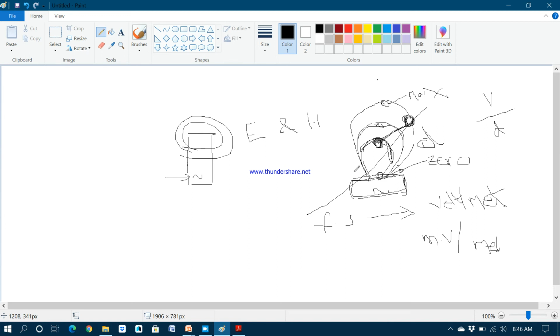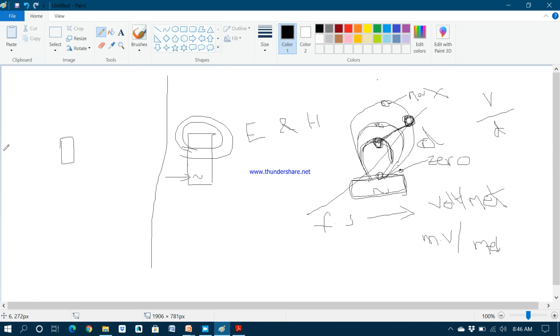In general, with reference to this antenna which I drew here, suppose I place an isotropic radiator or isotropic antenna. What is the difference between this isotropic antenna and this normal antenna? The first point I want to conclude is that practically there is no isotropic antenna.